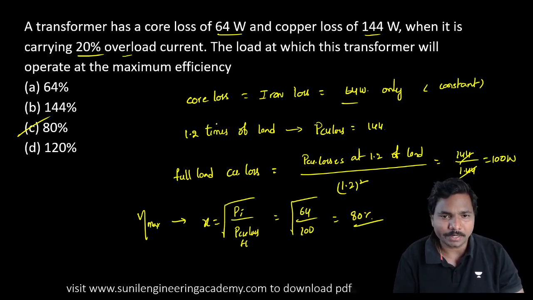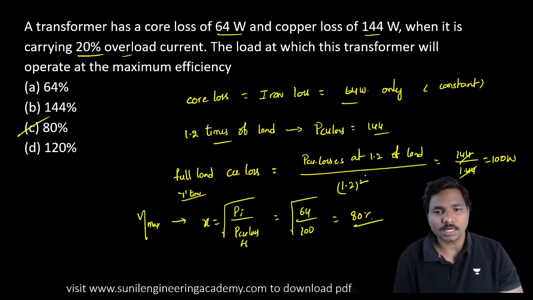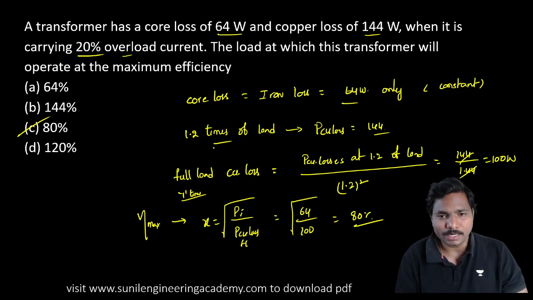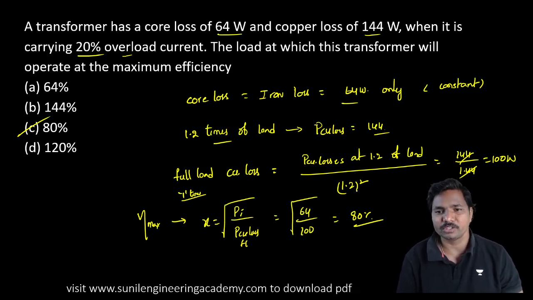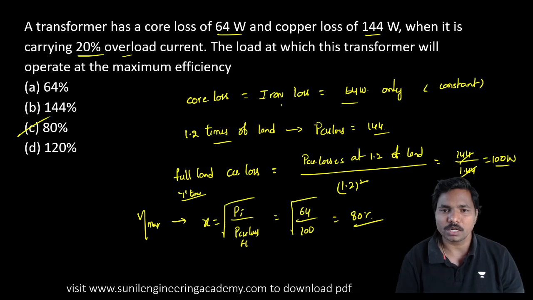So as current decreases, losses also decrease, and we divide by 1.2 whole squared to get 100 watts. Whenever you have both core loss and copper losses, simply x is the root of iron losses by full load copper losses. So you get 80%.